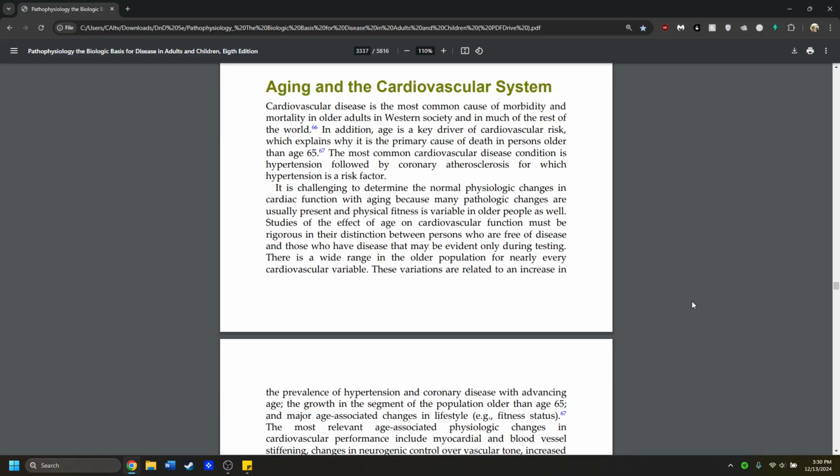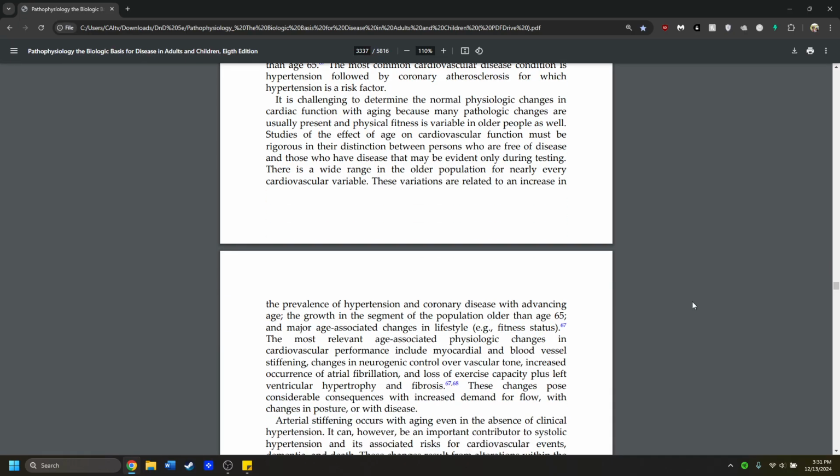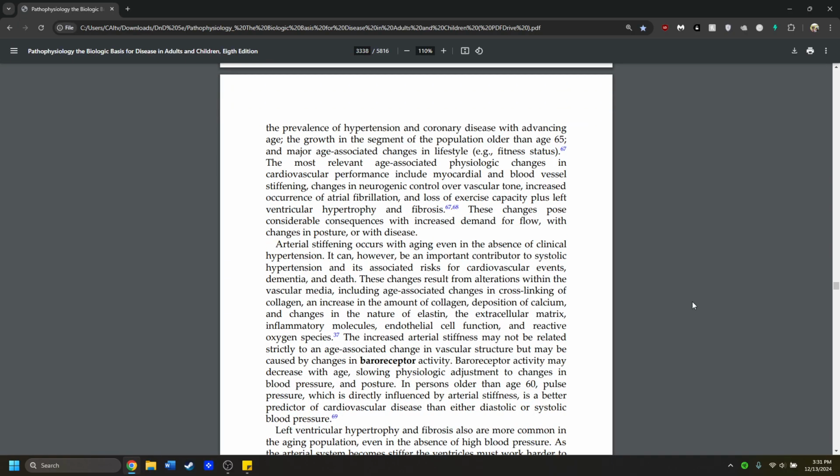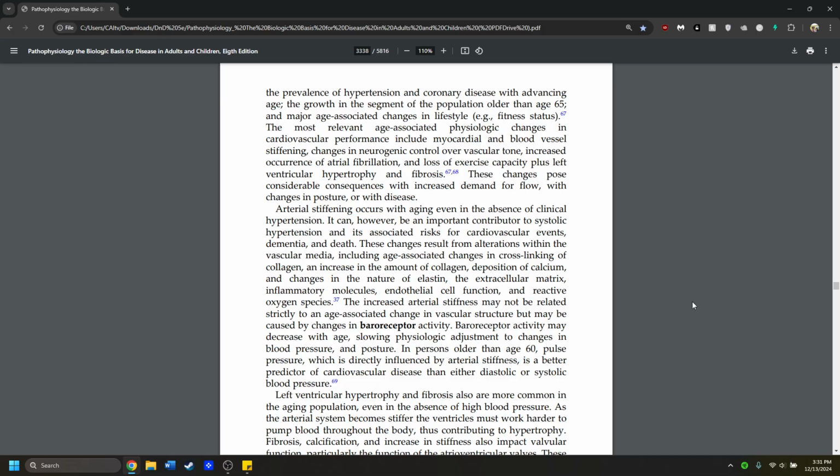There is a wide range in the older population for nearly every cardiovascular variable. These variations are related to an increase in the prevalence of hypertension and coronary disease with advancing age, the growth in the segment of the population older than 65, and major age-associated changes in lifestyle.